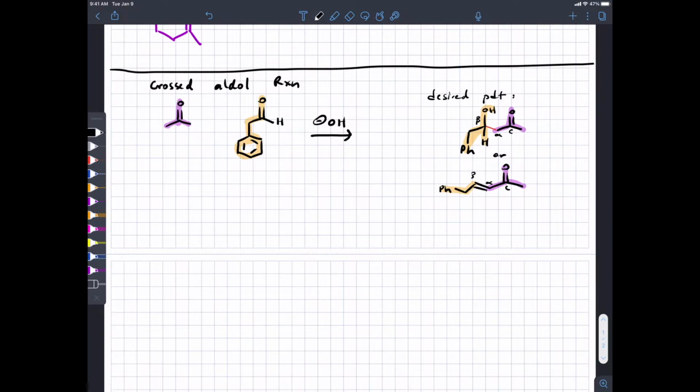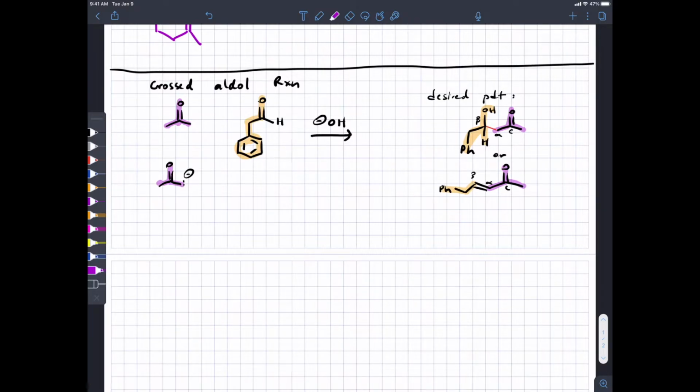Remember your problem here, which is that using hydroxide, only a very small amount of enolate gets formed. So we'll form a small amount of the purple enolate, and it will coexist in solution with both the aldehyde and the ketone. So is there another product I would expect to observe?